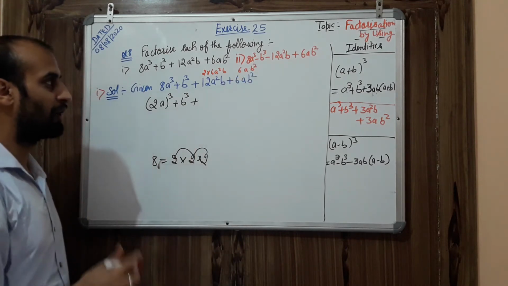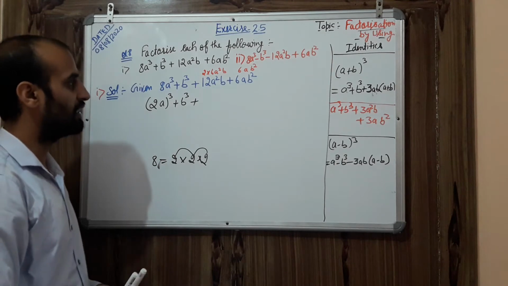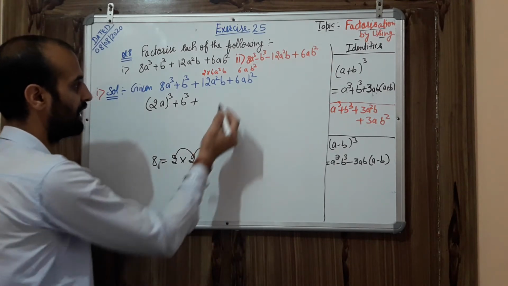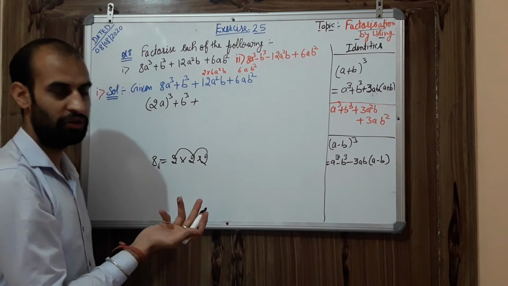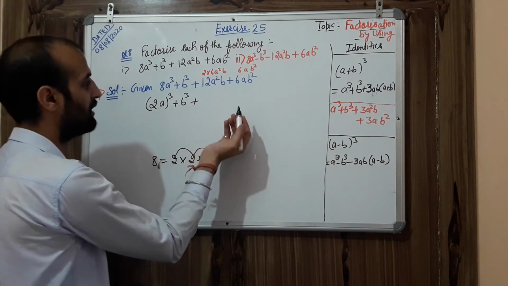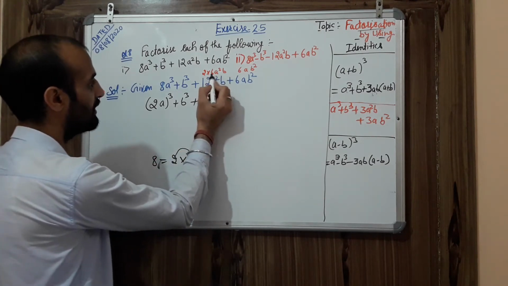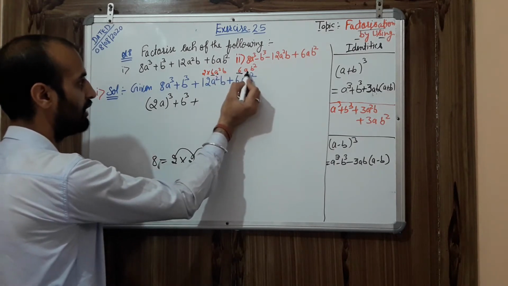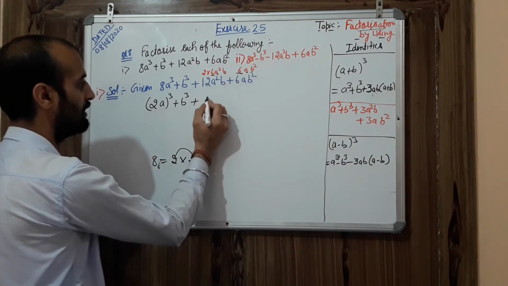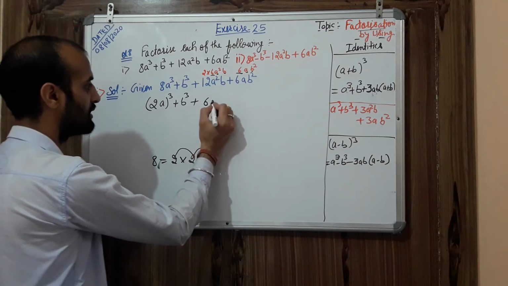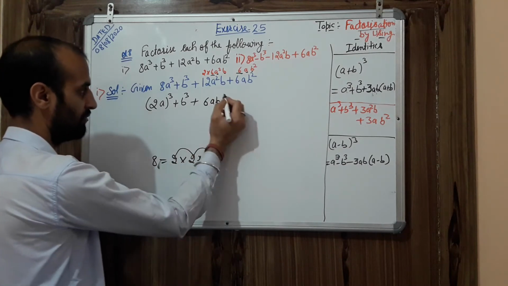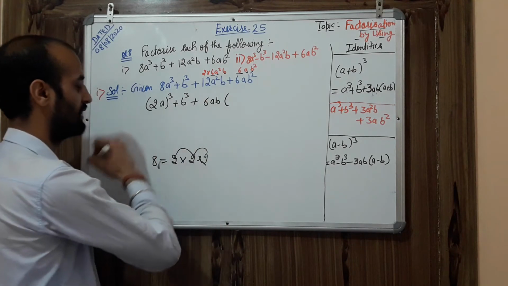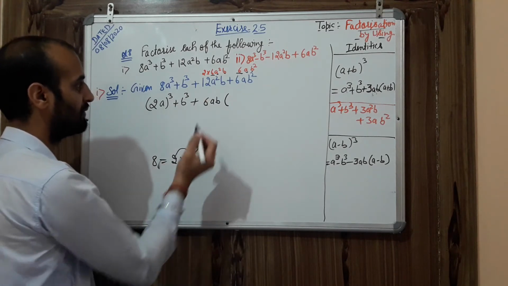So just check properly what the common factor is between these both terms, so that I can take it out. I can take 6 out, and from here 1a and 1b. So I am taking 6ab outside. What is left inside?